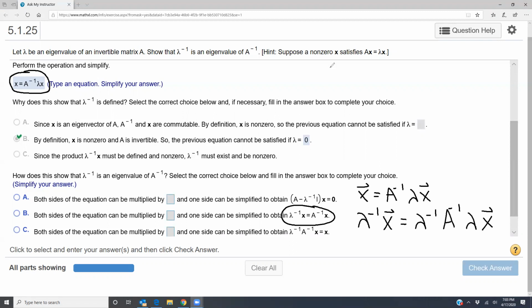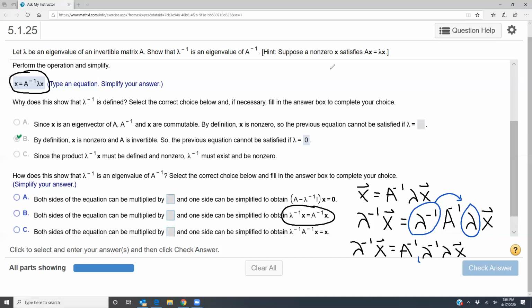Now, one thing we know is that lambda to the negative 1 and lambda are scalars. That means real numbers in this case. And so I can actually move the lambda to the negative 1 to the right side of A inverse. And so I can rewrite this as lambda to the negative 1 x equals A inverse times lambda to the negative 1 times lambda times x.